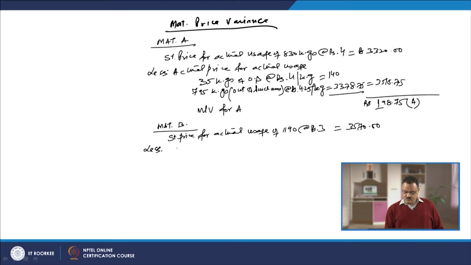actual price for actual usage. Now, again you have to calculate, as we calculated in this case, we will have to calculate in this case also 40 kgs, I will put it in the bracket opening stock.